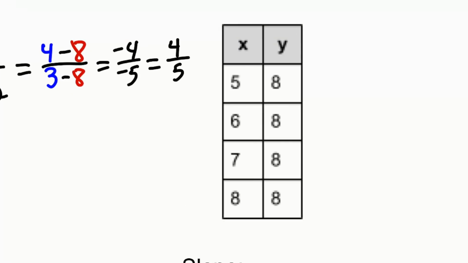Now in our table, what we see is that our delta x in the table is +1. I'm going to use the same color to show that the same thing is happening. Our delta y, the change in y, is +0 or -0.